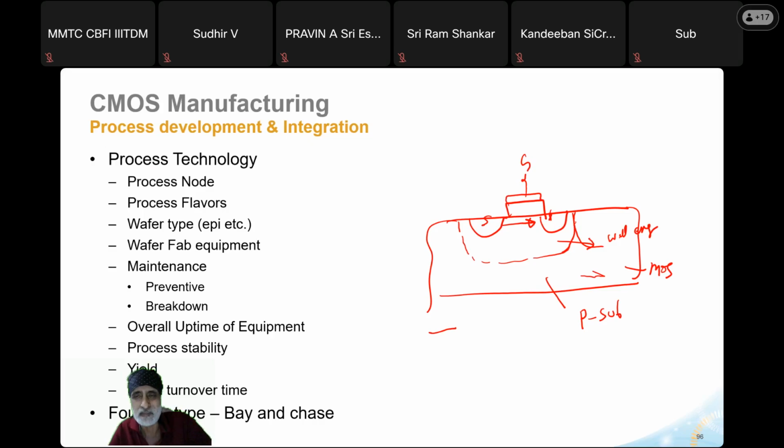There can be numerous metal lines, like in a PCB, around 8 to 12 different metal lines. The reason is we want more and more component density.